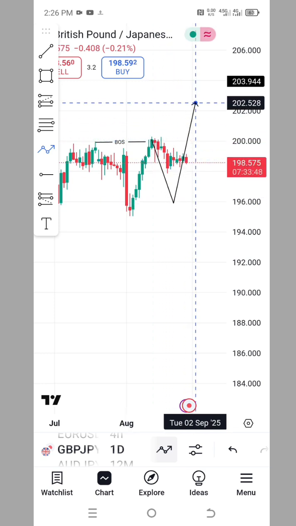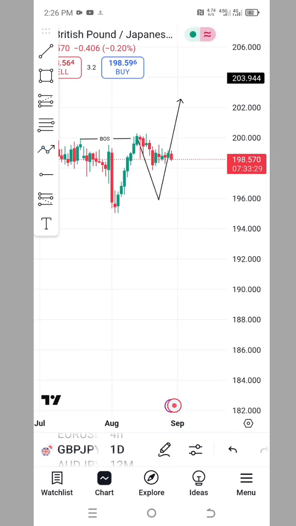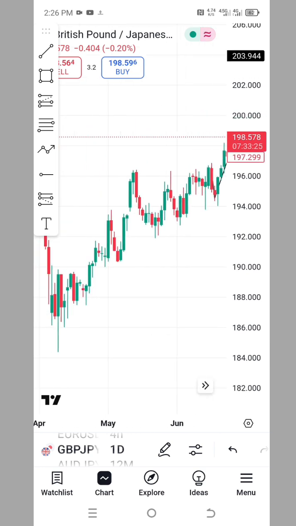Where it's coming to, we will not explain on this structure. We just know that it's coming to a discount zone. I hope I'm making sense. We know it's coming to a discount zone, but where? We don't know. Our own is to follow it up, because this is a bullish move.